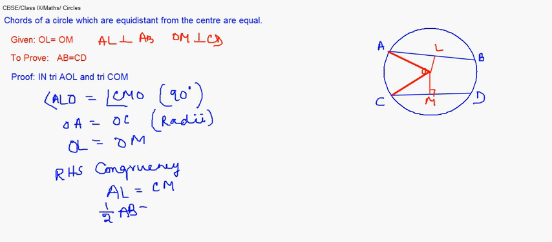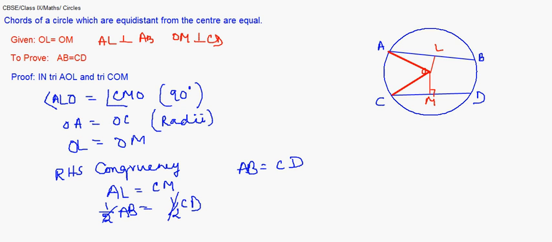Why are they half of AB? Same reason. Perpendicular from the center of the circle to a chord bisects the chord, so thereby making it half of CD. If half of AB is equal to half of CD, then AB is also equal to CD.